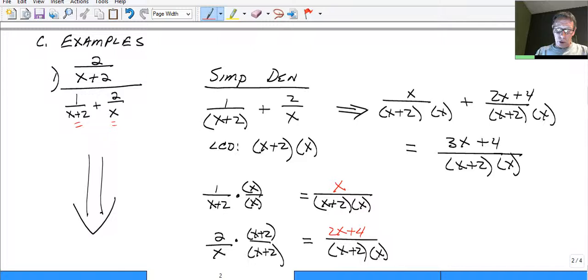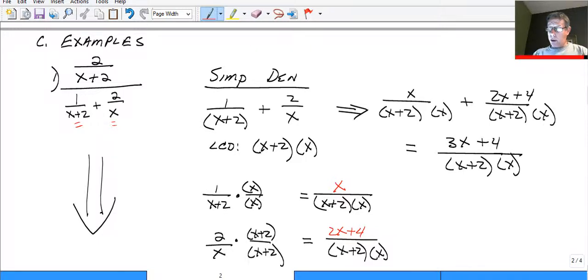Now let's look at this term. I have 2 over x, and we need a common denominator of x plus 2 times x. To get this x to be that denominator, we have to multiply it by x plus 2, so the numerator has to be multiplied by x plus 2 also. So 2 times x is 2x, 2 times 2 is 4. So these two new terms replace those two terms with a common denominator.